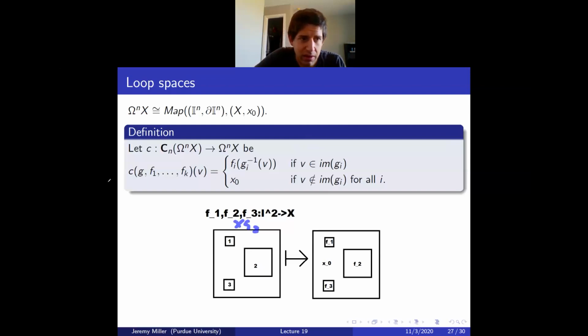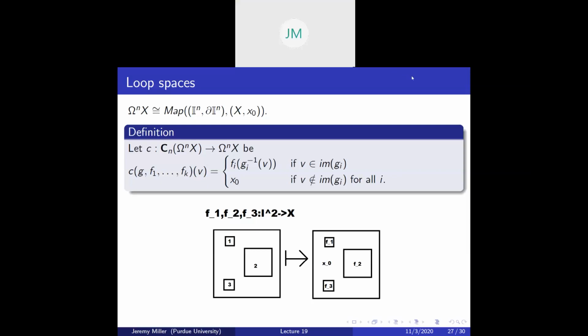I guess we're thinking of it, maybe I should have written it, like each of these cubes is labeled by a function. So your cubes are labeled by a function. This cube is labeled by a function f1, which is a function from a cube to X.